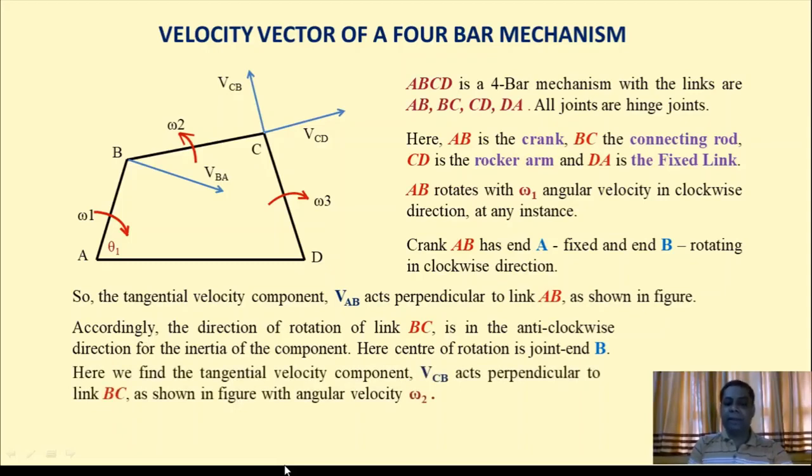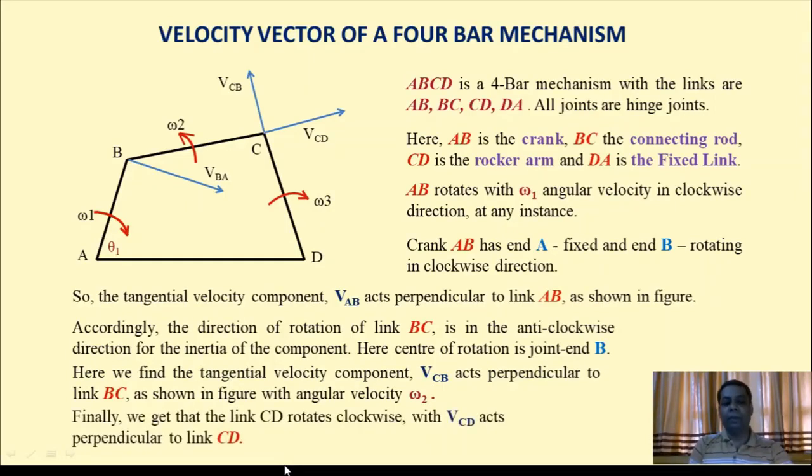Now the tangential velocity component VCB acts perpendicular to link BC as shown in the figure, with angular velocity omega 2. Finally, link CD rotates in the clockwise direction with VCD acting perpendicular to link CD, and obviously we have to consider angular velocity omega 3.